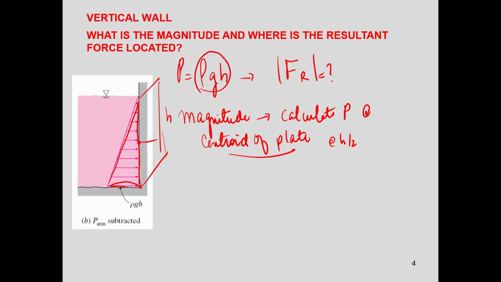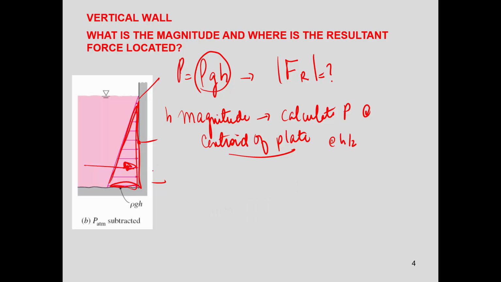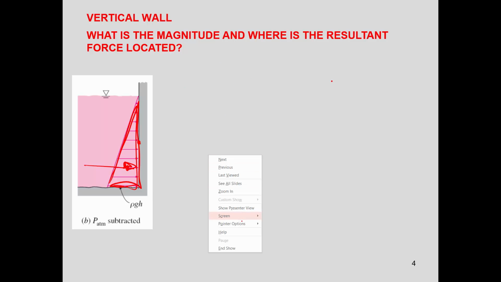So this goes back to your principles in statics. This is the triangular distributed load, and they said, well, where is the resultant force located? Well, let me delete this. And then this would be h.